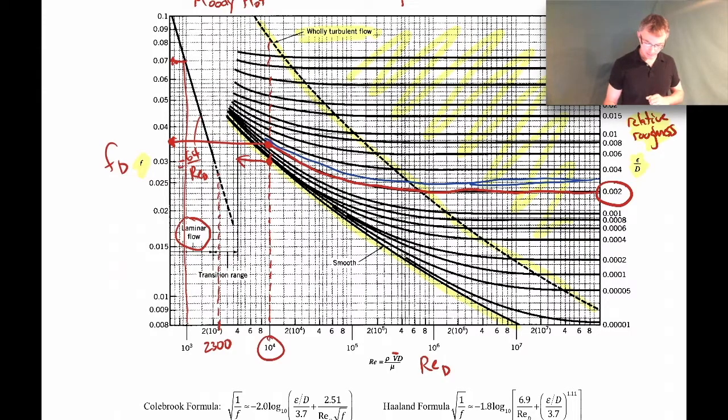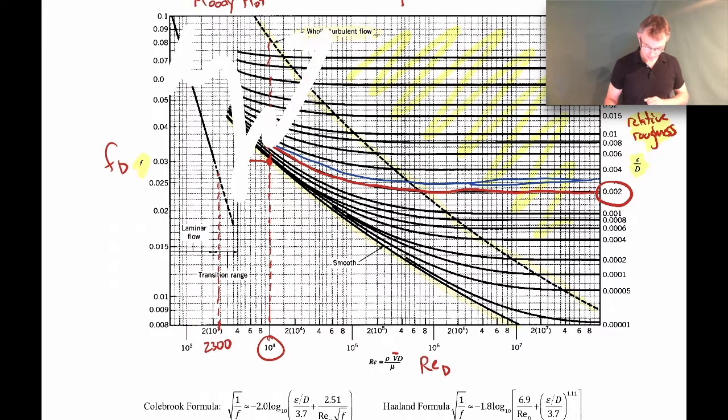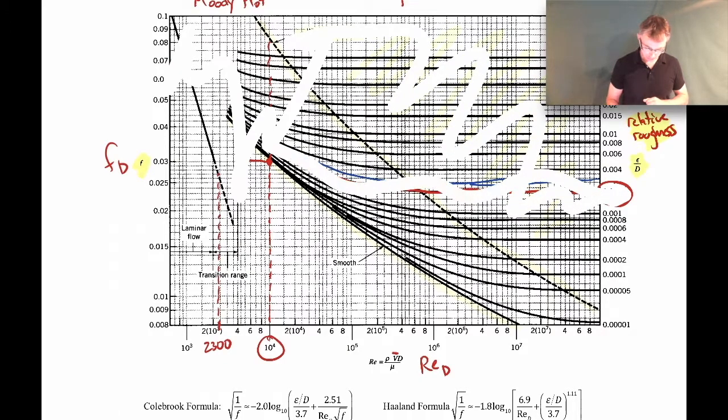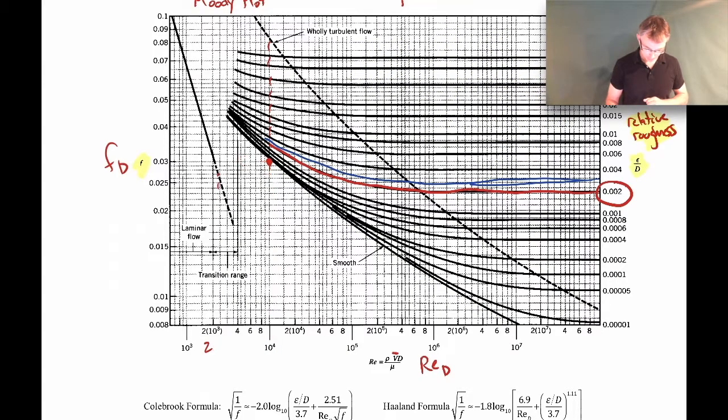The very last thing, let me erase some stuff here because it's kind of messy. But the very last thing I wanted to show was this transition range. Okay. So you see there's this region here. It's called the transition range, right in this region.